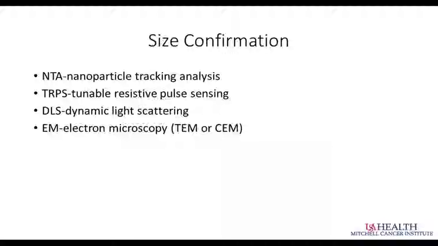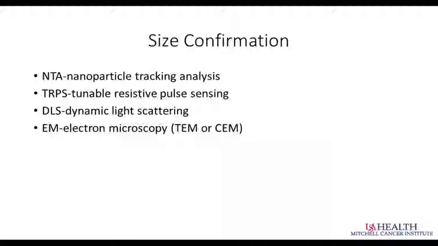These instruments actually use a laser to illuminate the particles in solution, but it's an imaging-based system. So it actually watches the vesicles move around in solution, and it's using the old-style technique of Brownian motion.